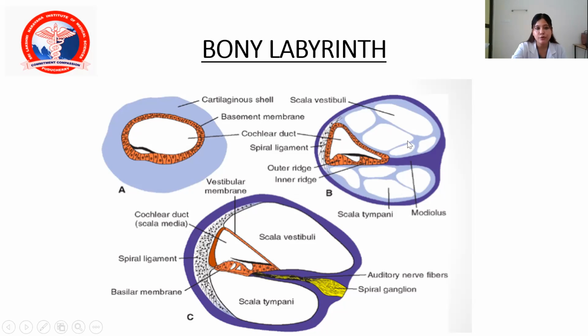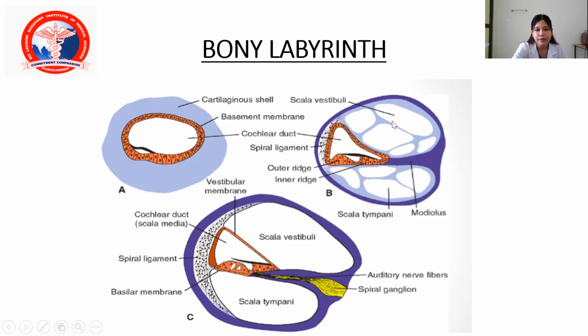These spaces are called the perilymphatic spaces, and they are filled with perilymph. These spaces are formed by the degeneration between the membranous and the cartilaginous part, and the spaces are filled with perilymph.